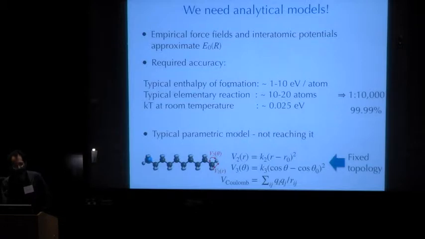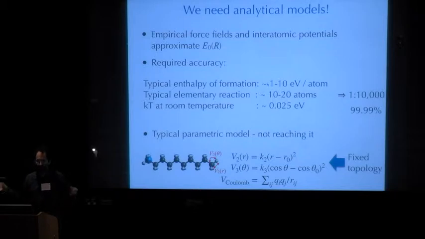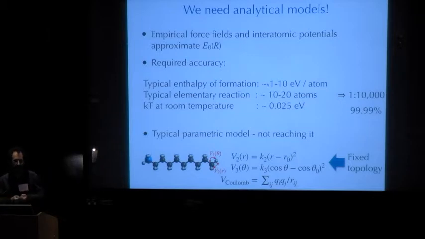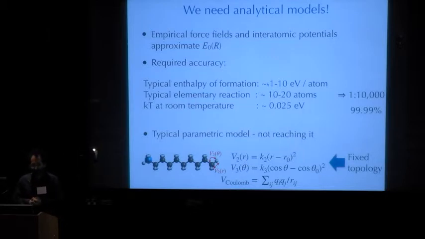So a typical enthalpy of formation is about 1 to 10 electron volts. That's how much energy you get when you put atoms together. If you want to think about a reaction, a bond breaking, that involves around 10 or 20 atoms in the vicinity of the bond breaking. And kT at room temperature, that's the typical energy you have available that controls whether you're going to make that jump or not, is 0.025 eV.